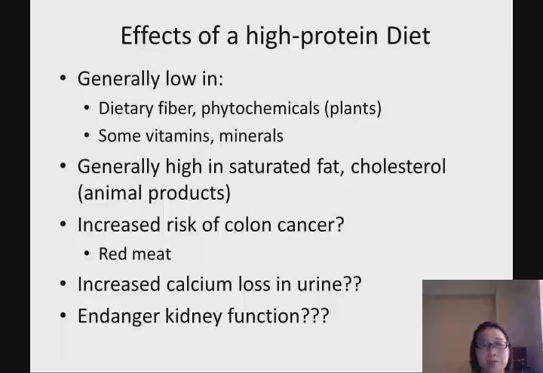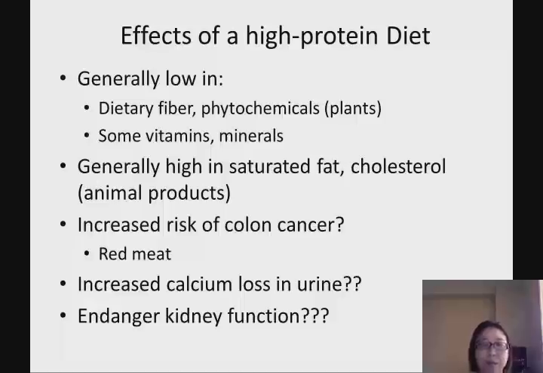And usually those animal protein products, meat, are high in saturated fat and cholesterol. Of course, you can trim the visible fat, but sometimes you cannot get rid of all of it, because inside those meats they still have saturated fat, and cholesterol only comes from animal products. They also may increase the risk of colon cancer, especially red meat.